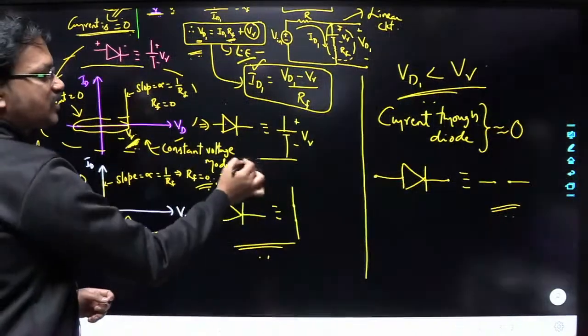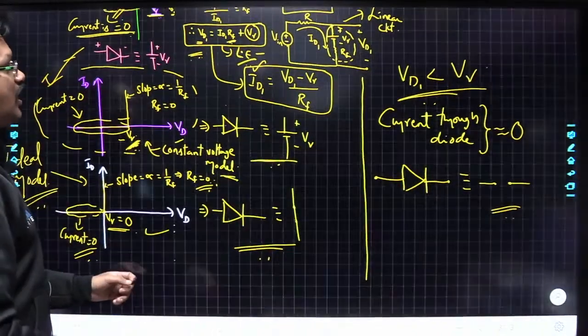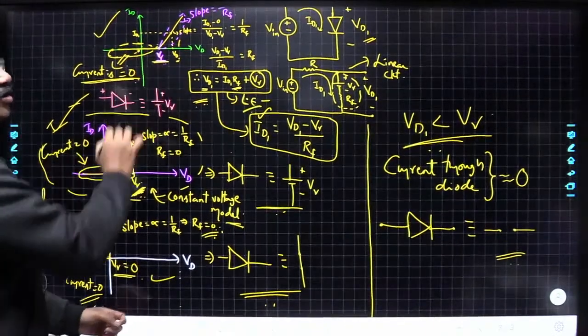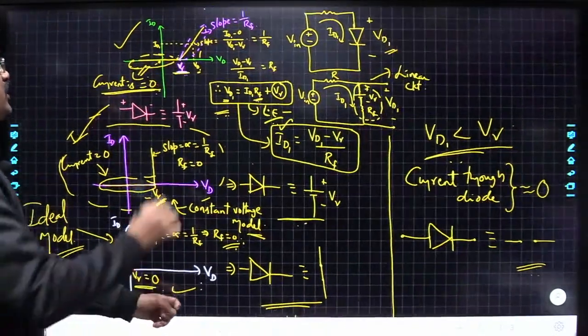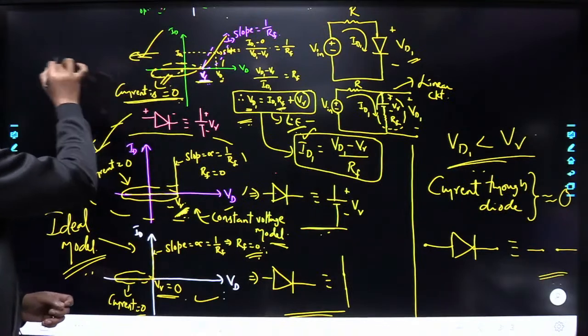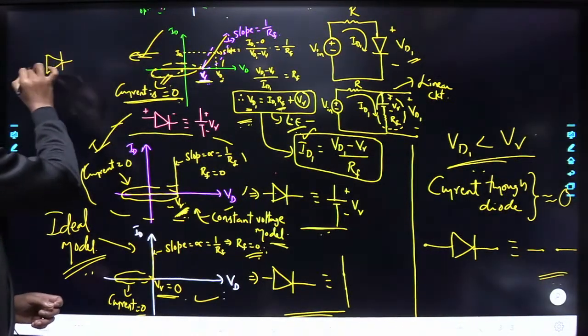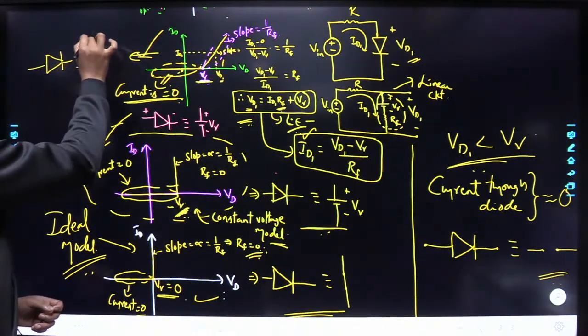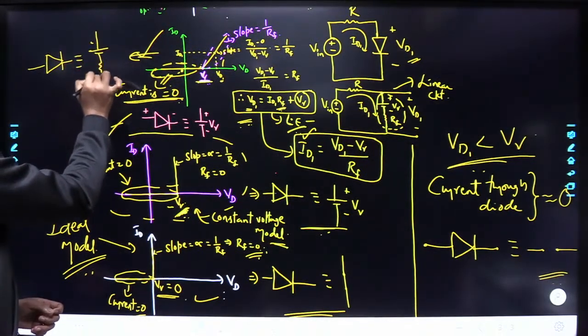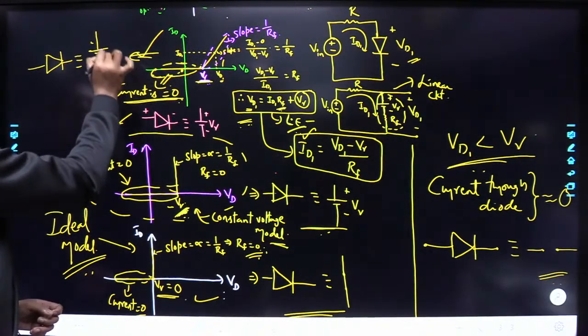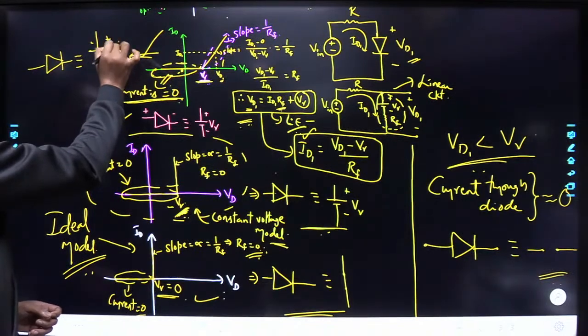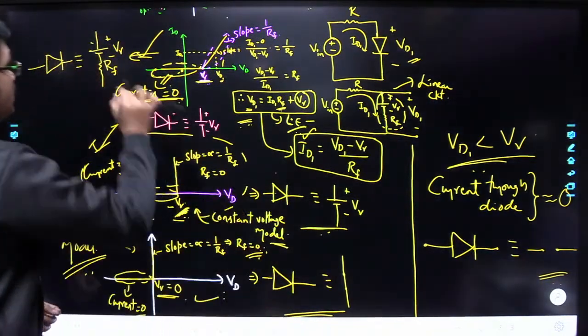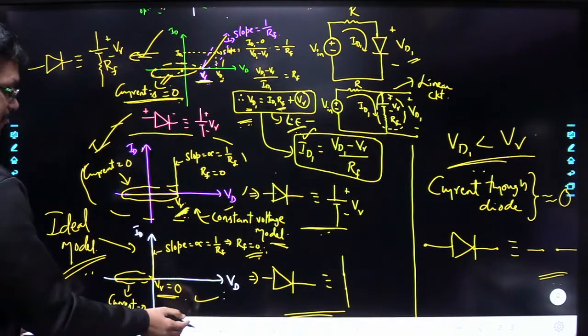Here you can replace the diode with simply the cut-in voltage. And in this case, you have to replace the diode with the cut-in voltage and a resistance. This resistance is RF and this cut-in voltage is V gamma.